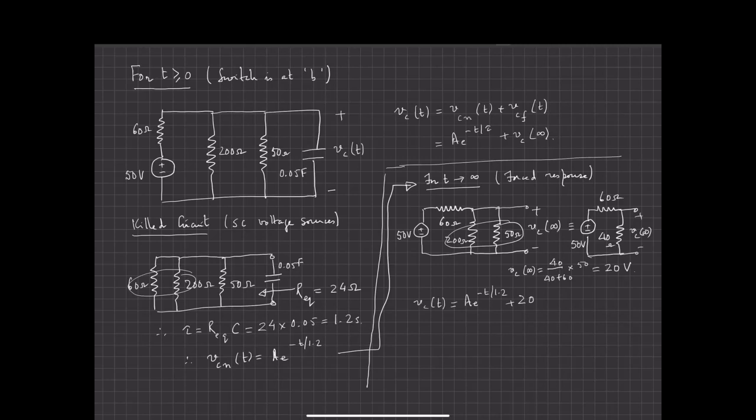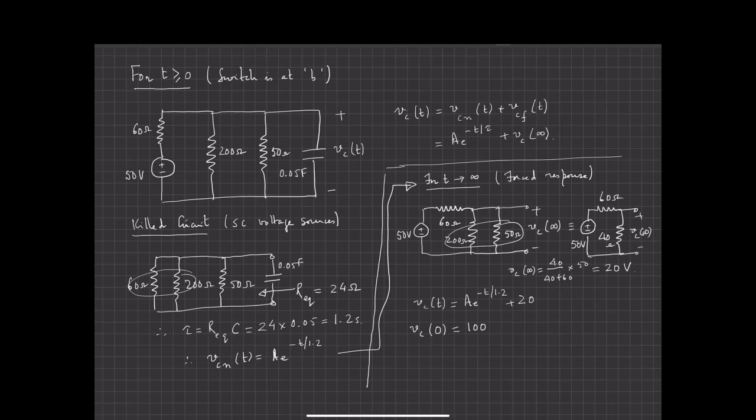And so if I want to determine the constant A, I can determine it by the condition that I know from the previous page, Vc at 0 equals 100.